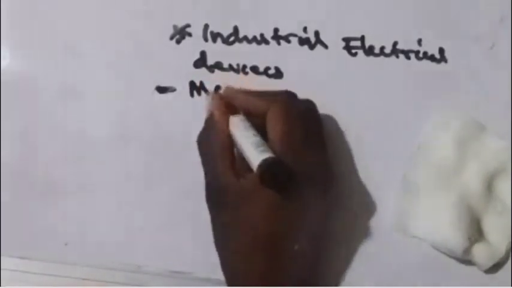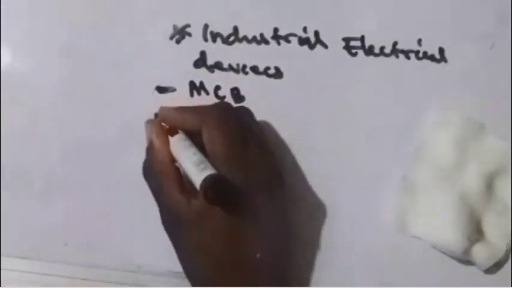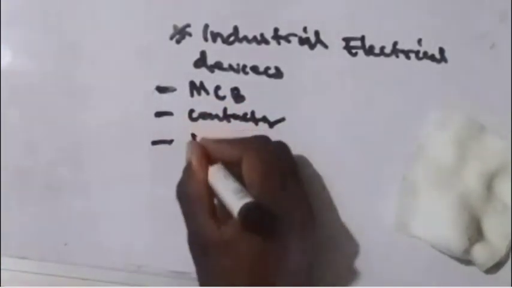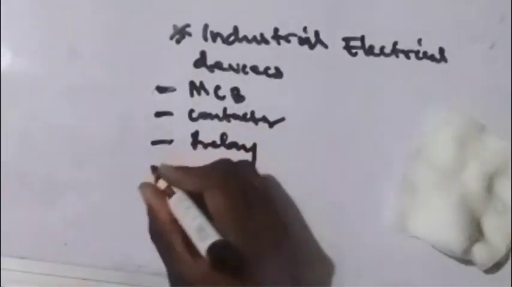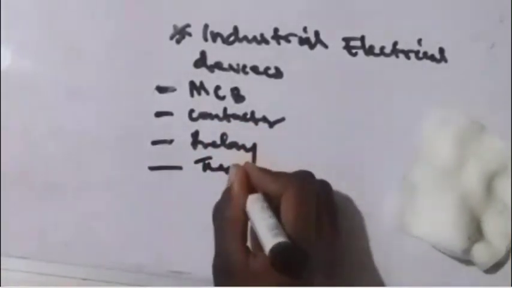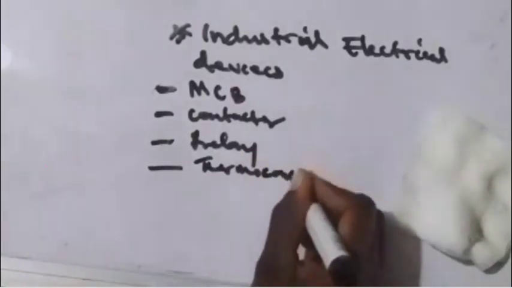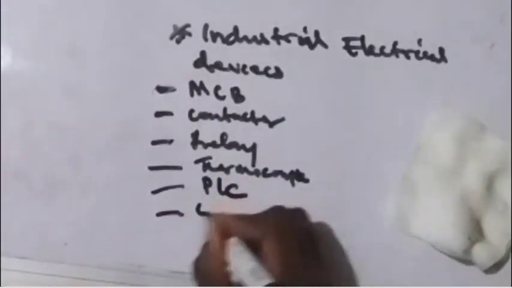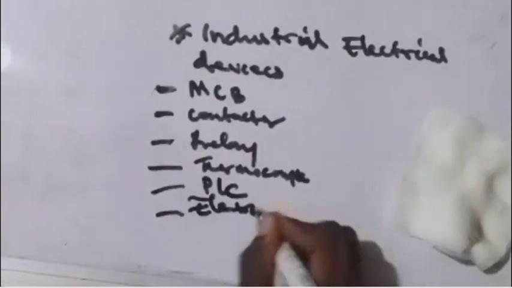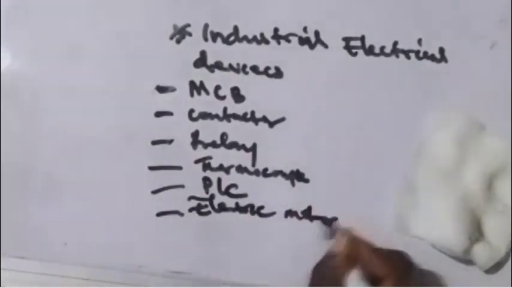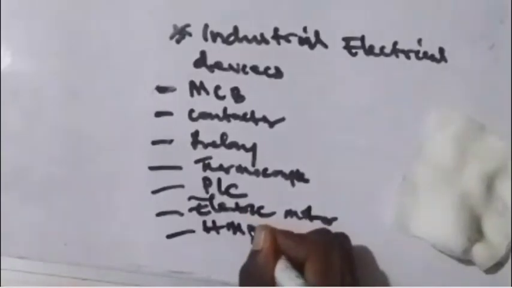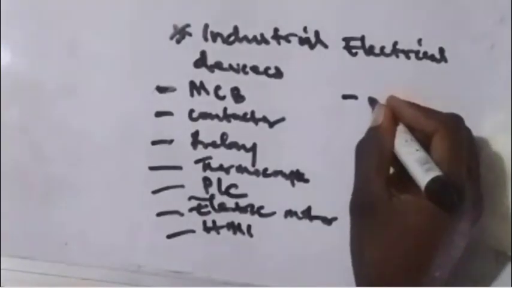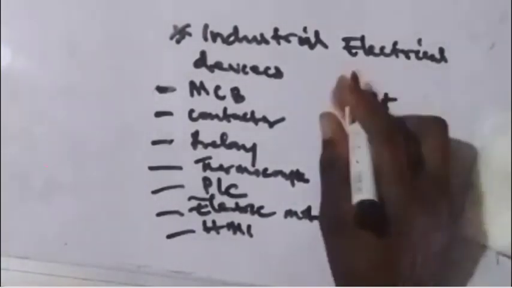Number one, MCB, the circuit breaker, contactor, relay, thermocouple, PLC, electric motor, HMI, etc.